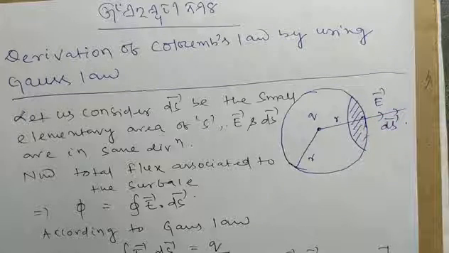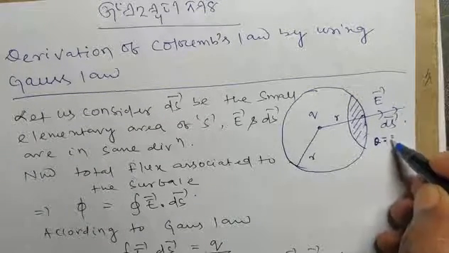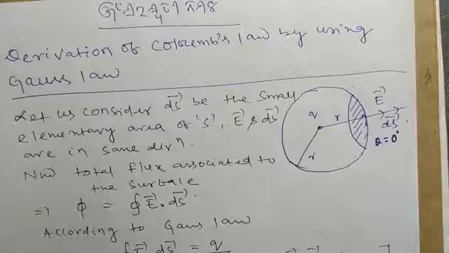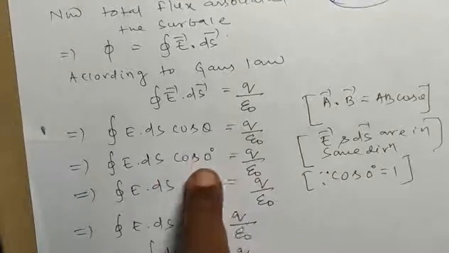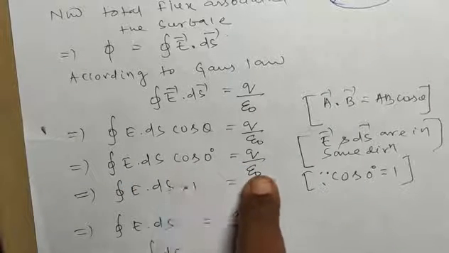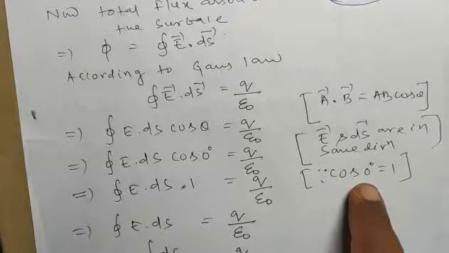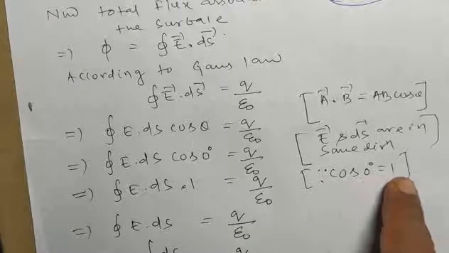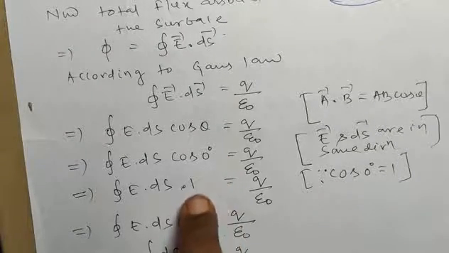Therefore theta equals 0 degrees, so I put the value of theta as 0 here. E ds cos 0 equals q by epsilon 0, and from trigonometry the value of cos 0 equals 1, so I put the value of cos 0 as 1.